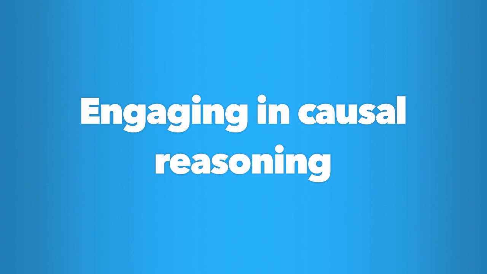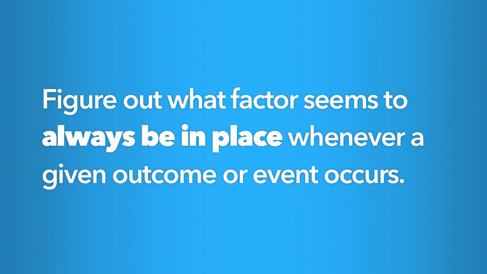While the process is rarely easy, there are some basic methods you can use to help you narrow down possible causal factors. First, you can look to figure out what factor seems to always be in place whenever a given outcome or event occurs. This is known as the method of agreement, because you're looking for common features across many instances of a type of occurrence.